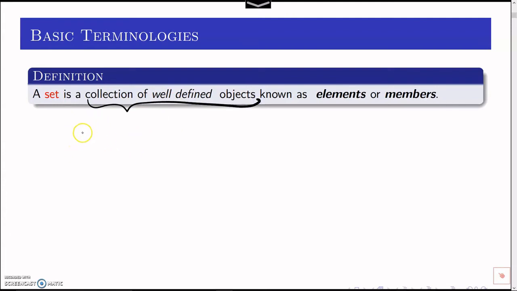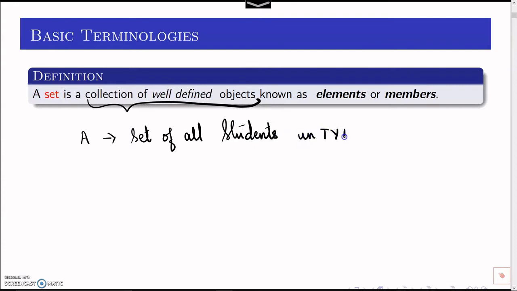Let's say I pick up a set A, the set of all students in TY-BSc maths class in Dempe College.